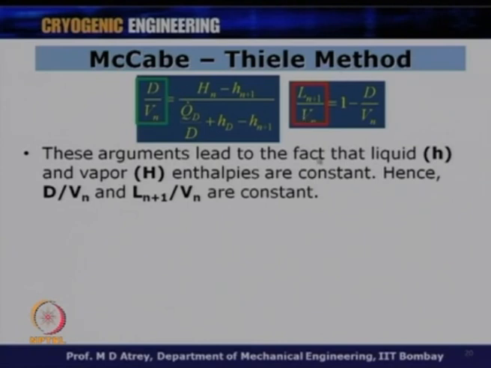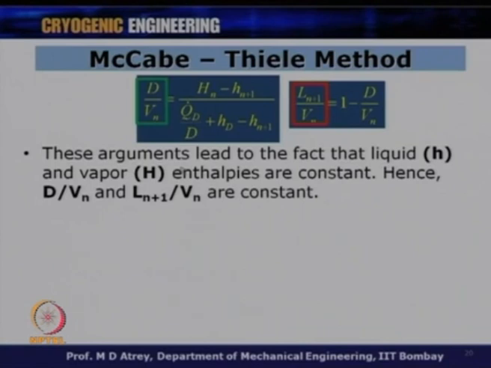These terms will not change from plate to plate because the enthalpies will remain constant. They will not change with mole fraction, which is what happens at every plate. Please understand this concept. So, we come to the conclusion that both D by V and L by V are constant.